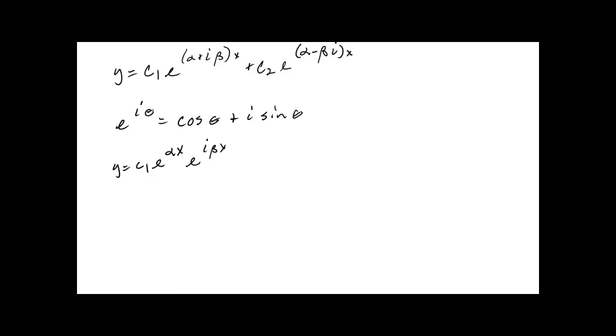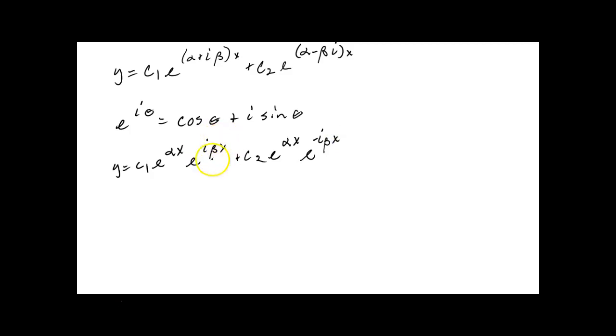Remember, if you are multiplying powers, you add the exponents. So I just did it reverse. We added the exponent, I multiplied the powers. Plus C2 e to the alpha x e to the minus I beta x. Okay?